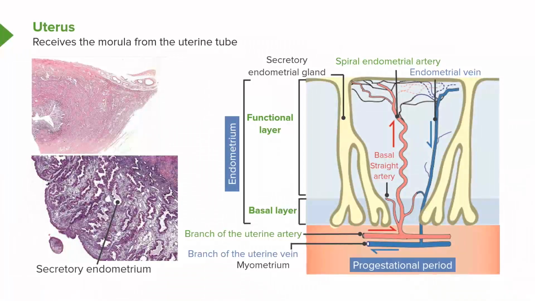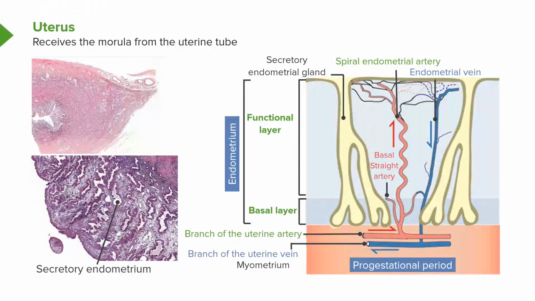Now just have a look at the endometrial glands, those long, yellow, shaded tubes that you see extending from the surface of the endometrium down into the basal layer. Well, under the influence of progesterone, those glands become secretory. They become very coiled, like you see in the histological section, and they accumulate glycogen.